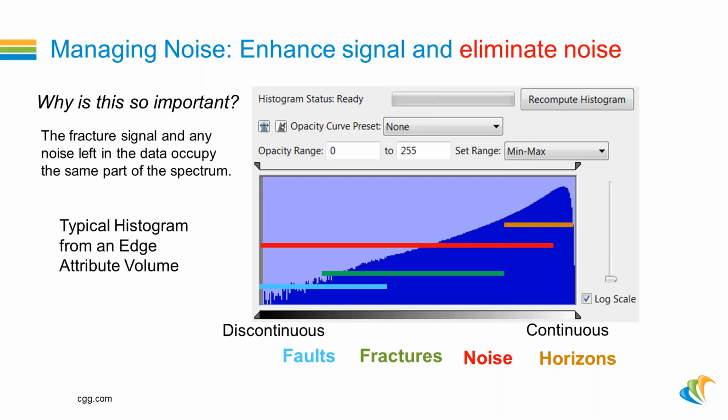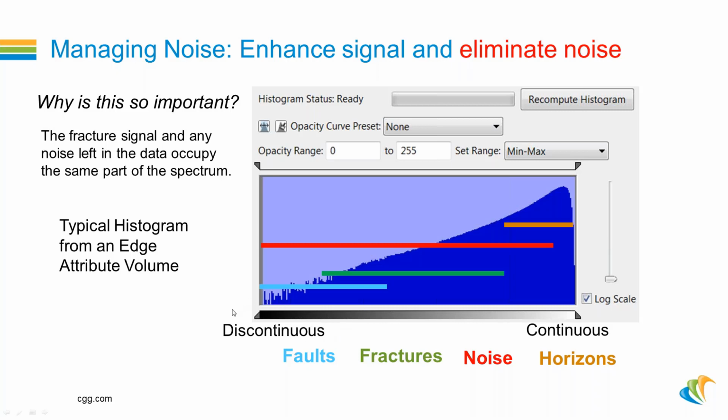I would like to show this slide that explains very well why it's important to spend a little bit of time before starting any of the processes. This is an example of the complete spectrum. We can see that we have fault, fracture, noise, and horizon all along the spectrum.